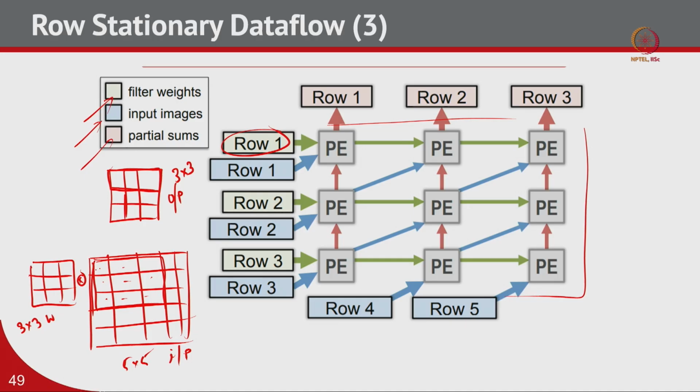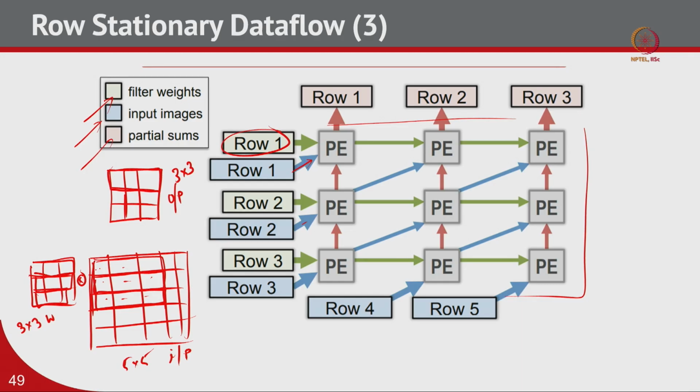So, the first row of this filter is convolved, or we are performing the element wise multiplication of this first row of the filter with the first row of the input in this first PE, right. Similarly, the second row of this filter will be element wise multiplied with the second row of the input image, and then the third row of the filter will get element wise multiplied with the third row of the image, right.